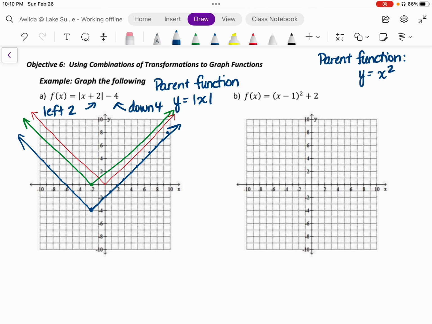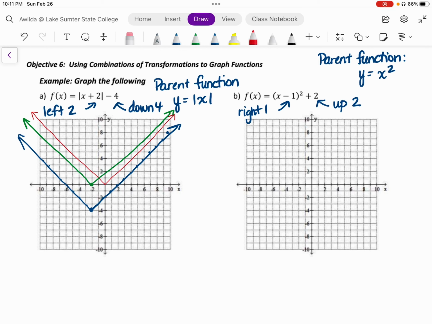First of all, we're subtracting 1 from x. Subtracting 1 from the input x is going to create a horizontal translation, and in this case, we're going to move 1 unit to the right. Then we're going to add 2, but we're adding 2 to the entire parent function. And so this is going to create a vertical translation 2 units up.